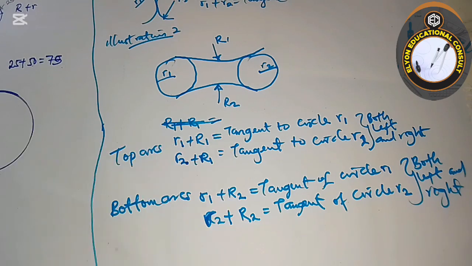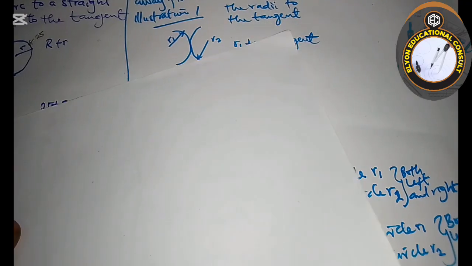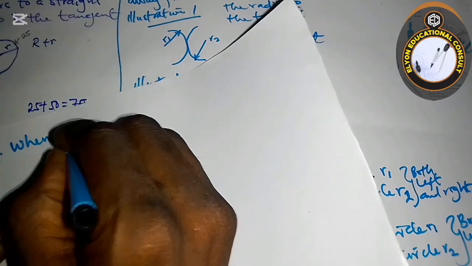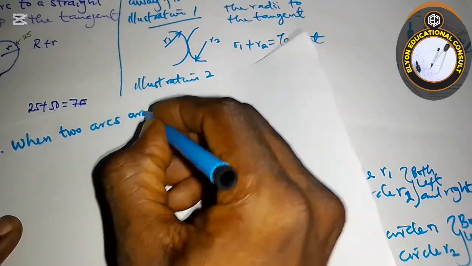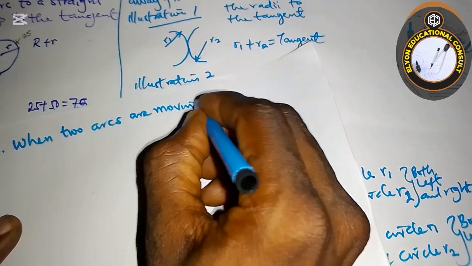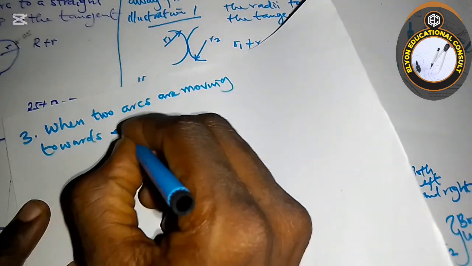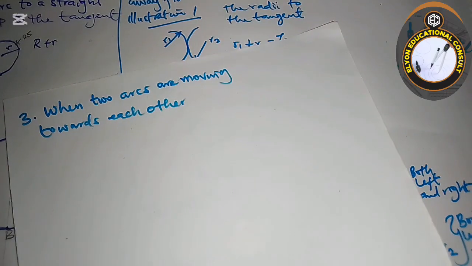Now we go to the third principle. What the third principle is all about is this: when two arcs are moving towards each other, when they are embracing each other, what do you do?